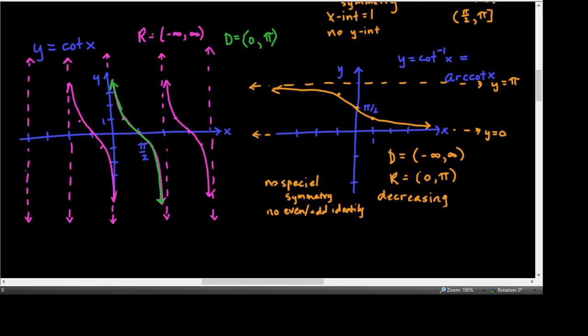It has no x-intercept. The y-intercept is pi over 2. Let's see if there's anything I forgot. Nope, I think that's it.